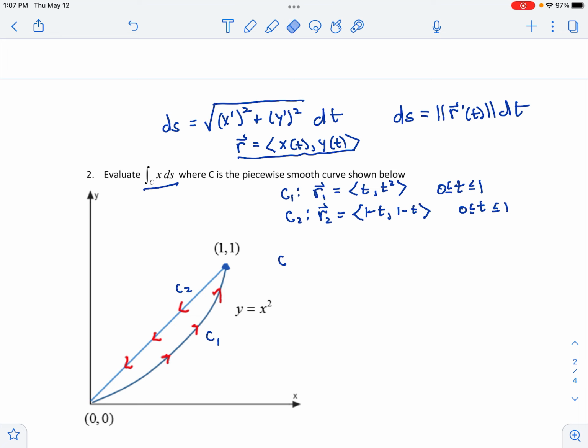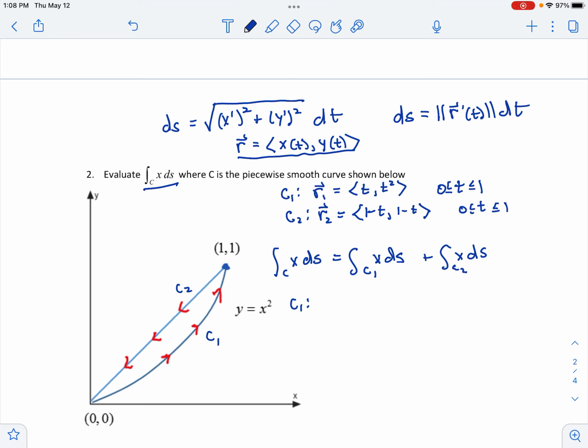Now, when I calculate this, this is going to be for C1 and for C2. So I've got to do both of those. As far as C1 goes, I need to get the ds.